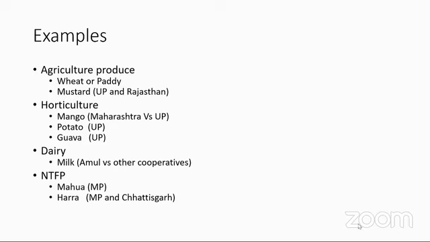Amul provides 80% of the margins to the dairy farmers, and because of Amul, all the other cooperatives are also forced to provide better prices to the collectors.